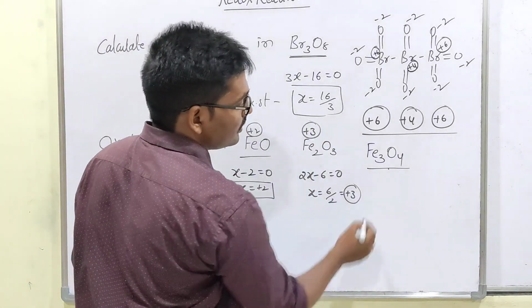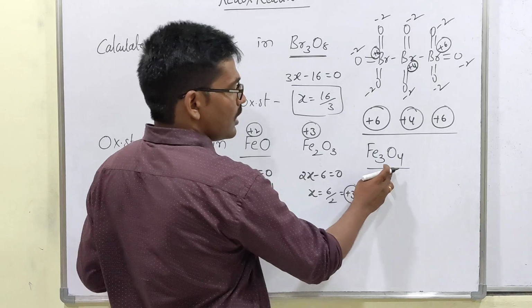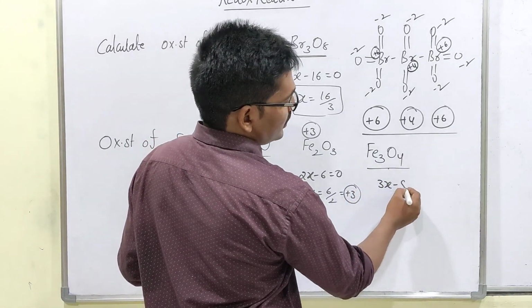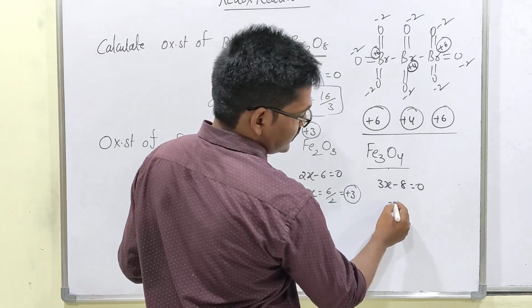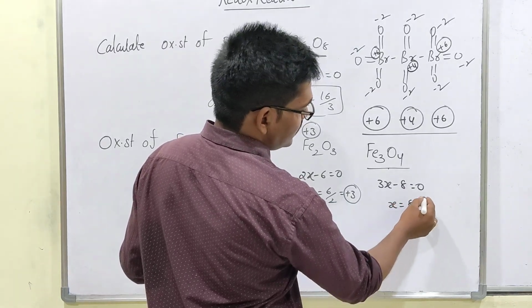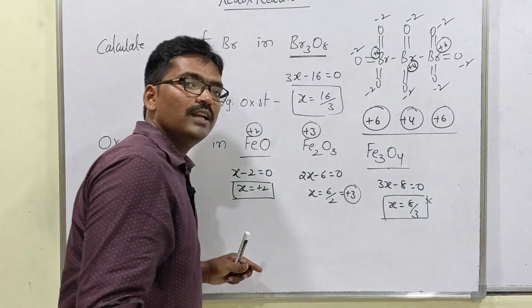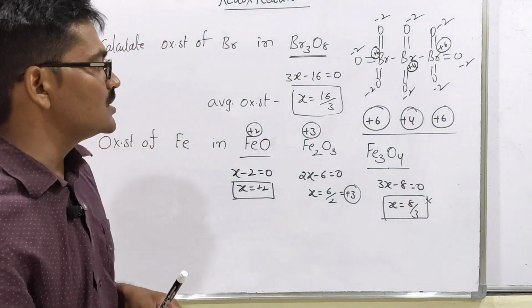In Fe3O4, if you use the formula, 3x minus 8 equals 0, then x equals 8 divided by 3. But it is not the exact oxidation state of iron, right? That is the average oxidation state of iron.